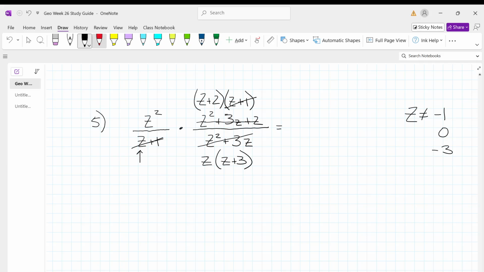A z down here on the bottom goes into itself once, and it goes into z squared, z times. And that's it. So in the numerator, we get z times z plus 2. In the denominator, we get z plus 3.